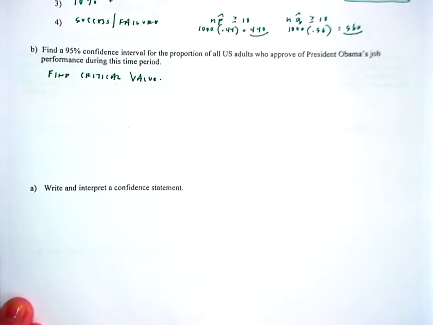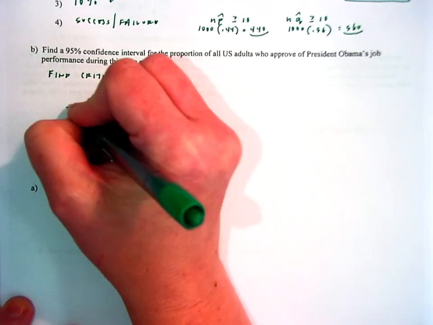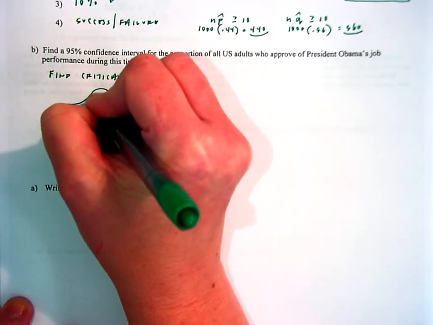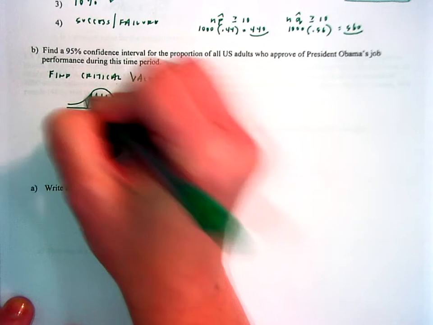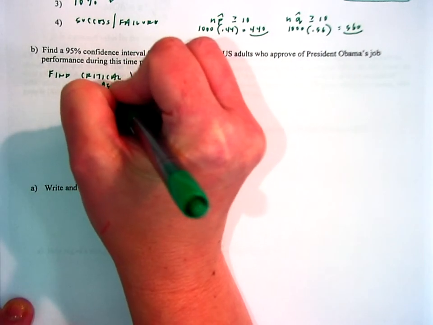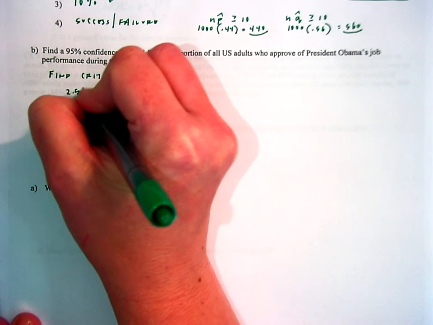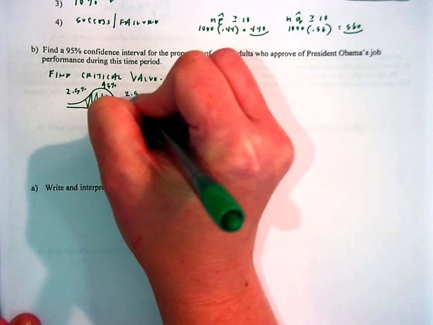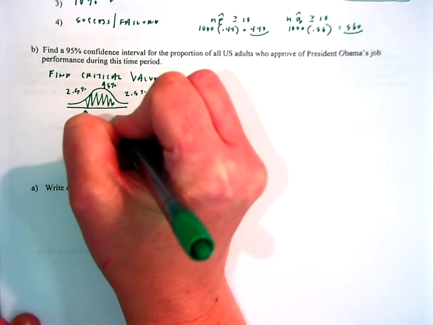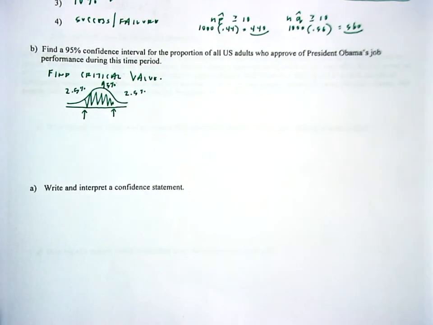Okay, so I'm picturing that middle 95%. This is what I'm visualizing. There's my middle 95%. Leaves me 5% in either tail, split it two ways. So I have 2.5 and 2.5%. Those are the z-scores that I'm trying to find. And then when I express it as a critical value, I express it as the positive.